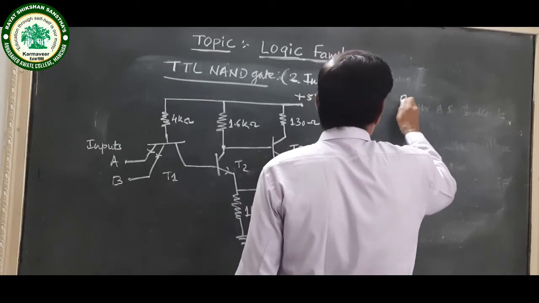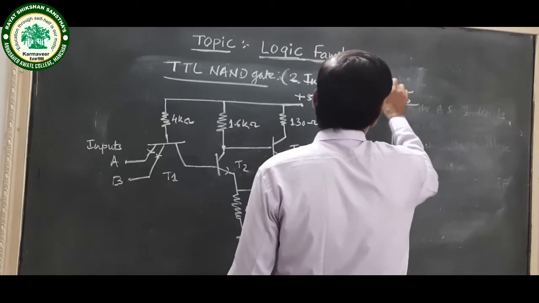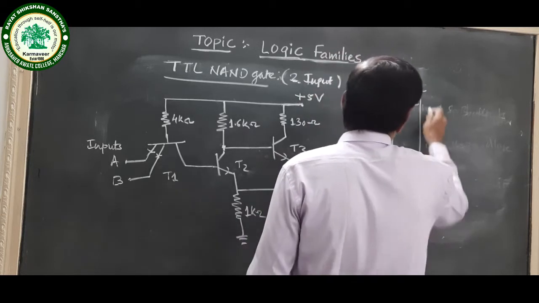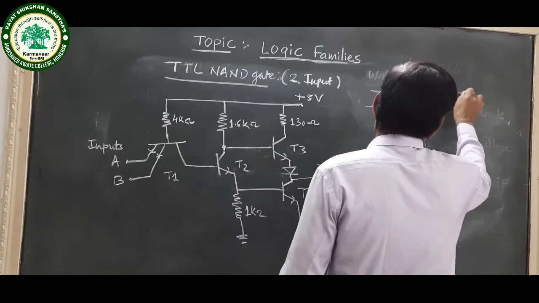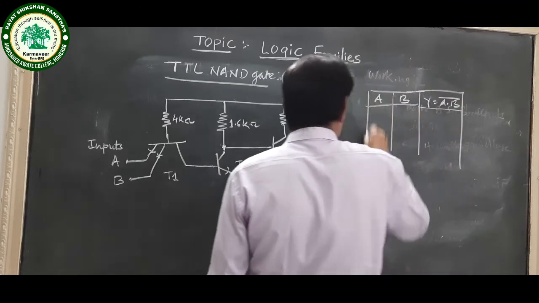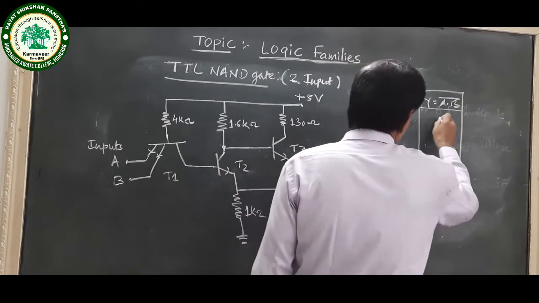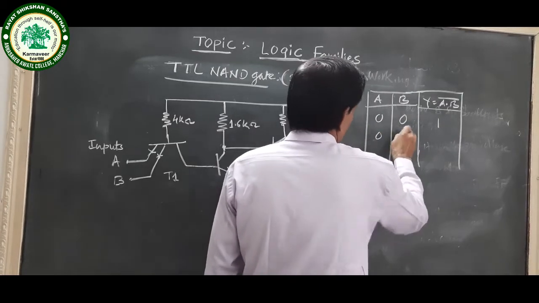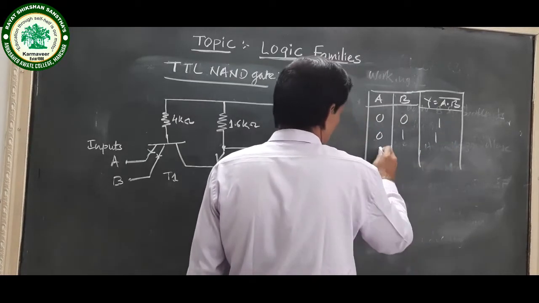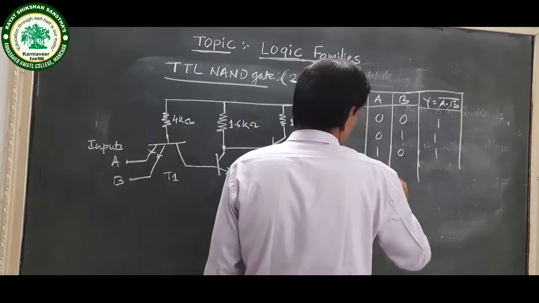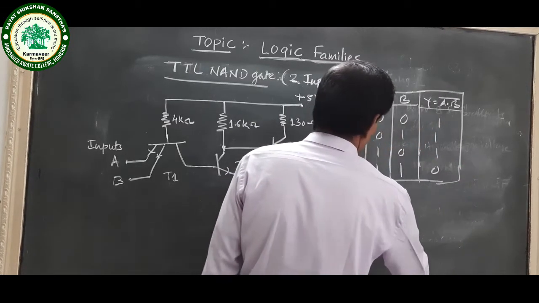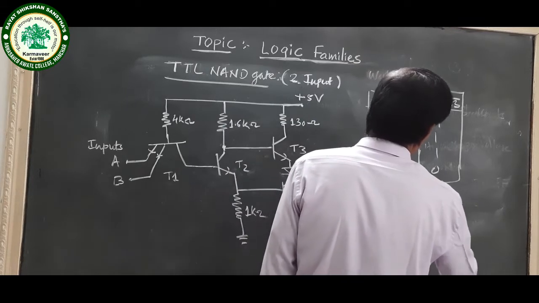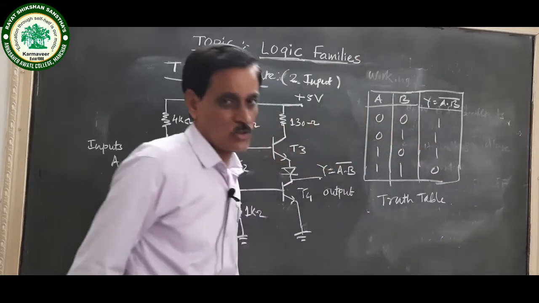A and B are the inputs and Y is the output, A ANDed with B, complemented. For 0,0, the output is 1. For 0,1, again 1. For 1,0, 1. And for 1,1, the output is 0. You call it a truth table.